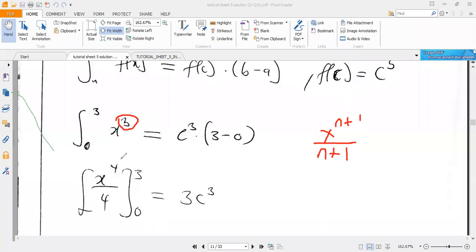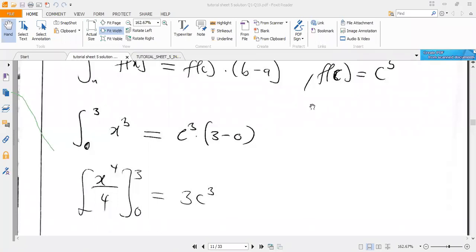So 3 plus 1 is 4, so it will be x to the power 4. Then 3 plus 1 is 4 again, so it will be over 4. Is it clear how we got it? Yes. Thank you. So we can proceed.